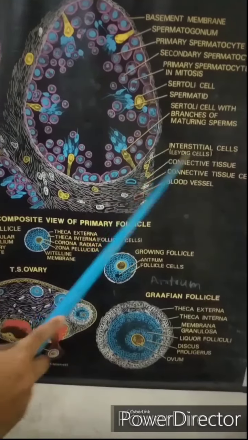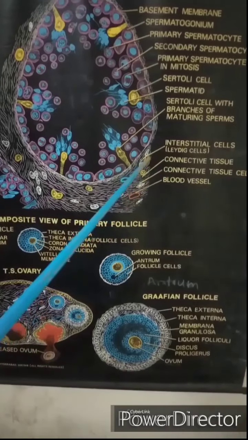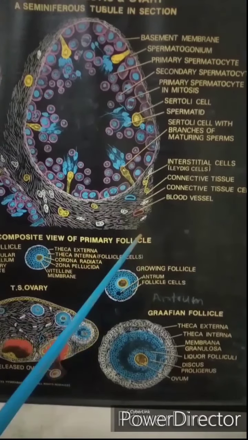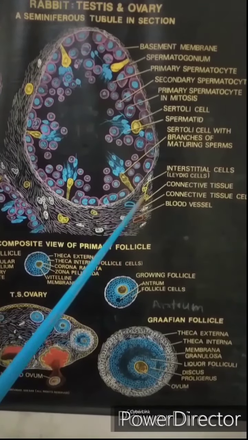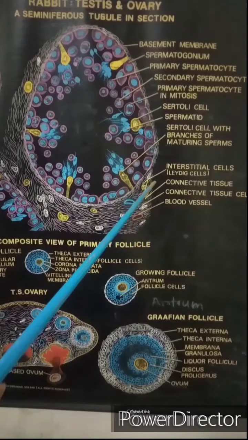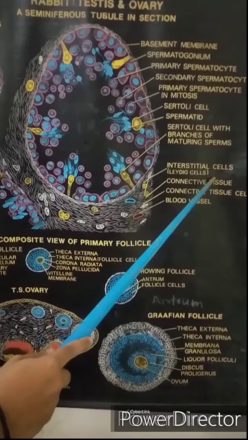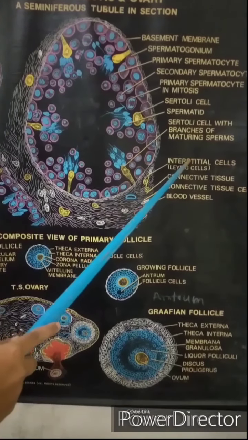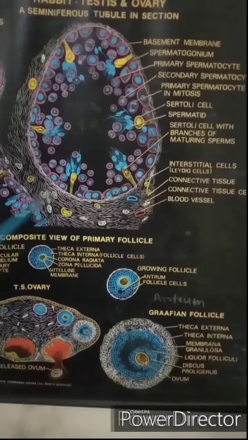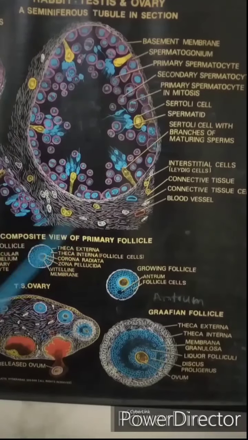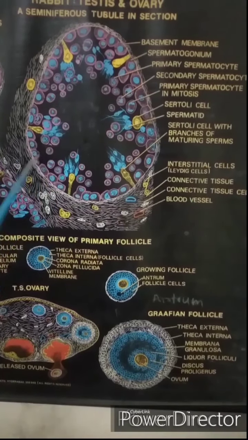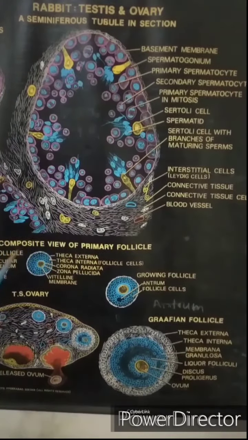These are the endocrine cells which secrete the male sex hormone known as testosterone. Testosterone is secreted by the interstitial cells or the Leydig cells, which are present in the space between two seminiferous tubules.